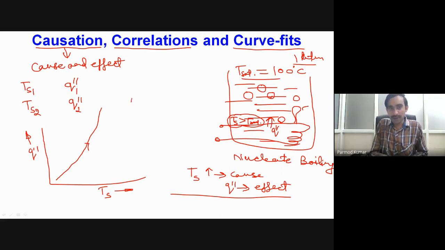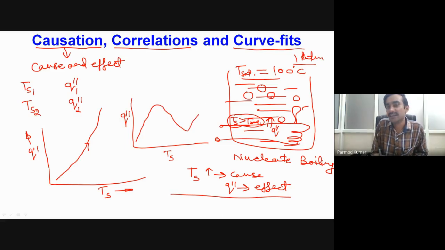Now, if you do this experiment for a large range of surface temperature, you will find that we have a curve something like this. Here you can see that your heat flux reaches some maximum value, and after that maximum value your heat flux decreases, and then once again it increases.